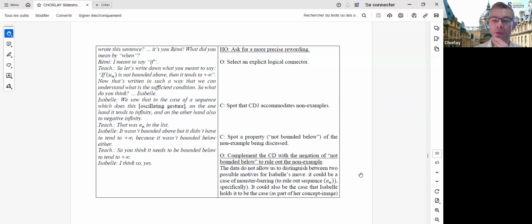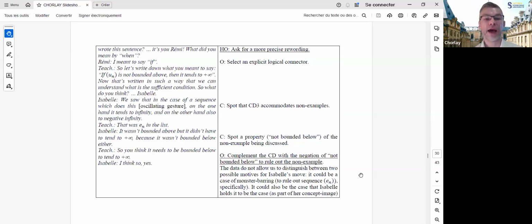You tinker with a candidate definition to strengthen it a tad, just to rule out an example which you want to turn into a non-example. So using Imre Lakatos' Proofs and Refutations, you can call it a monster barring move. You tinker with the definition just with an example in mind, which you want to rule out. So it's a very interesting and relevant move.